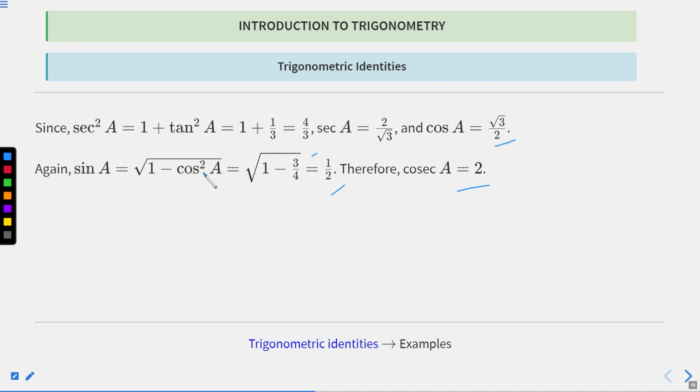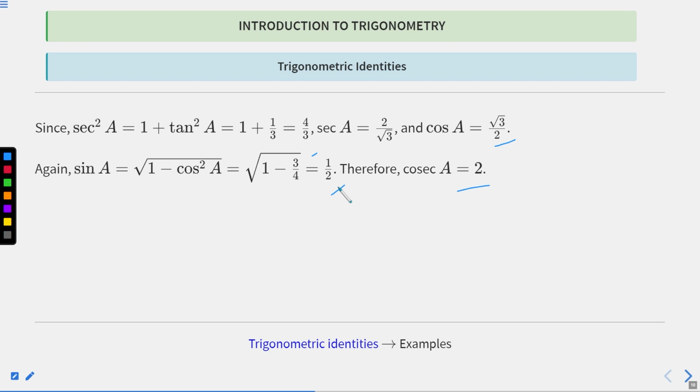By using the identity sin square A plus cos square A is equal to 1, we get sin A is equal to square root of 1 minus cos square A, and after substituting cos A is equal to root 3 by 2, we get sin A is equal to 1 by 2. And then we know cosec A is equal to 1 by sin A, and therefore cosec A is equal to 2.